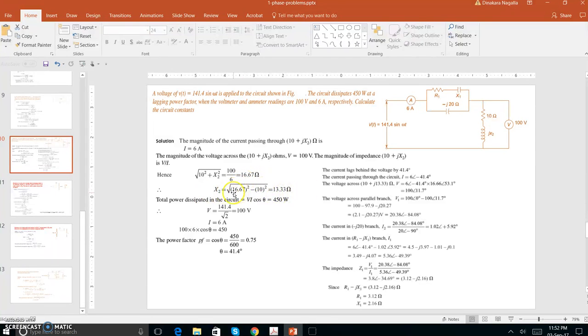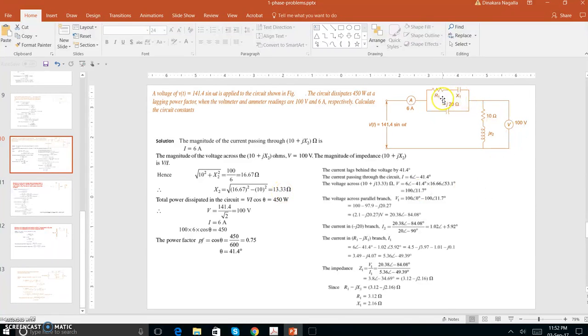That impedance is directly V by I, which is 100 by 6, equal to 16.67 ohms. From this, the resistance is 10 ohms, so the reactance of this particular element is 13.33 ohms.